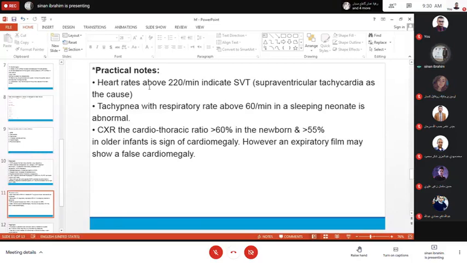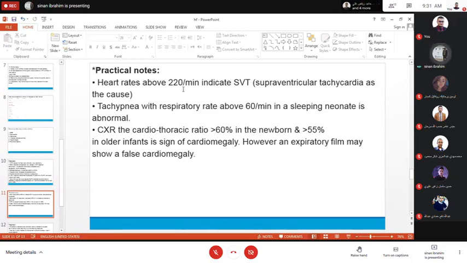Some practical points, including any patient with heart rate up to 120 should make you suspicious of SVT. And as we say, this is one of the cardiac emergencies and should be treated immediately by drug therapy or putting ice on the face of the infant, or in the older age group, adolescent, doing the Valsalva maneuver.